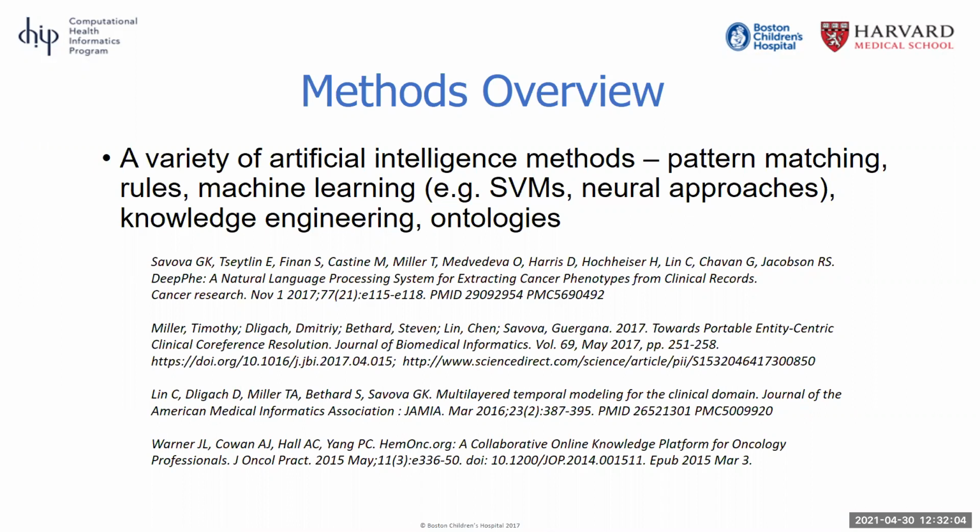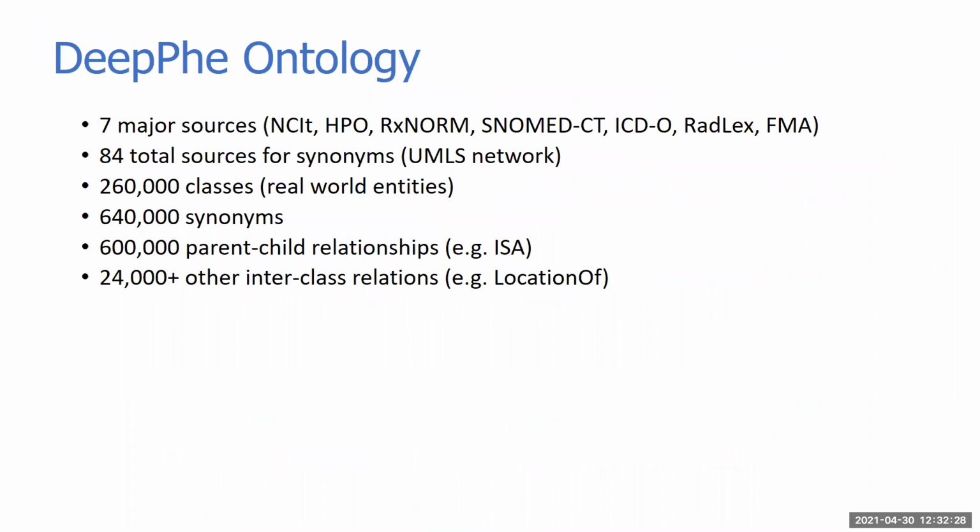For example, because the neural approaches are the state of the art, we are not focusing exclusively on neural approaches. We are focusing on methods feasible for the specific task. And I'm going to show you some different methods that we have chosen for the particular tasks.